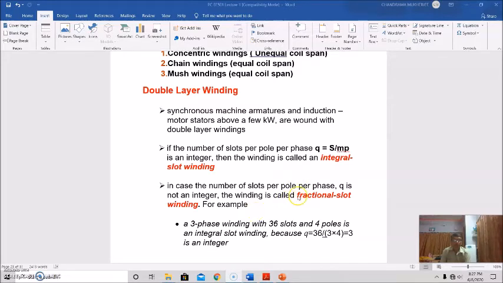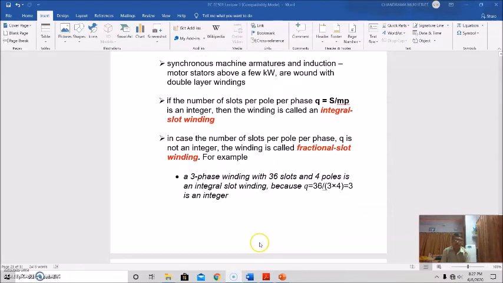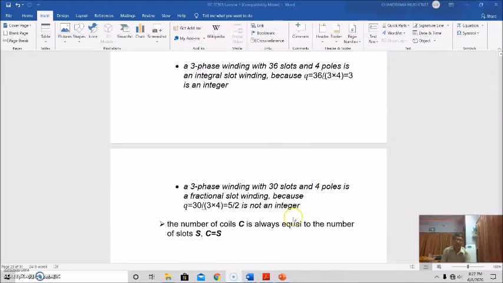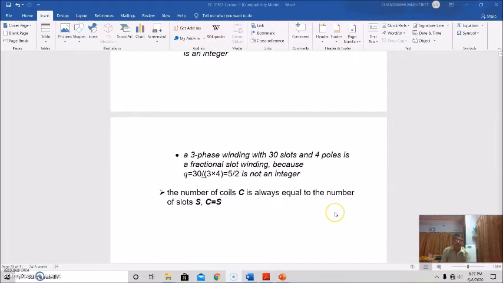In case the number of slots per pole per phase Q is not an integer, the winding is called fractional slot winding. An example: a three-phase winding with 36 slots and 4 poles is an integral slot winding because Q equals 36 by 3 into 4, that is equal to 3, an integer. But if it is 30 slots and 4 poles for three phase, it will be 30 by 3 into 4, that is equal to 2.5, which is not an integer.